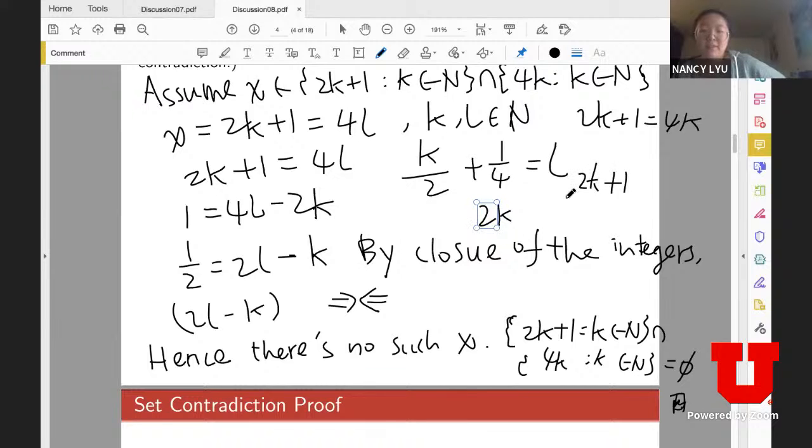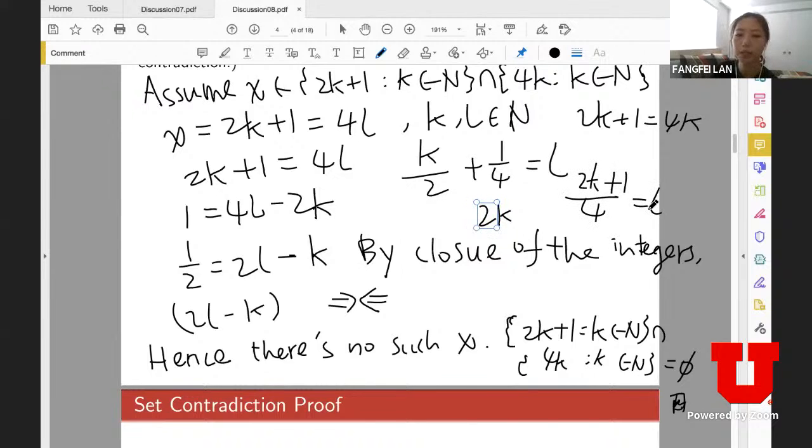So both k and L are integers, right? But that can't be true because 2k plus 1 is odd. It cannot have 4 as a factor, or even 2 as a factor. So one of them cannot be an integer, and that is a contradiction. Yeah, I think you're right. Yes, this also works.